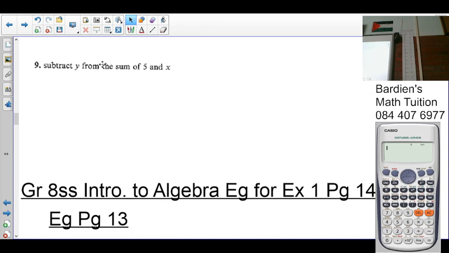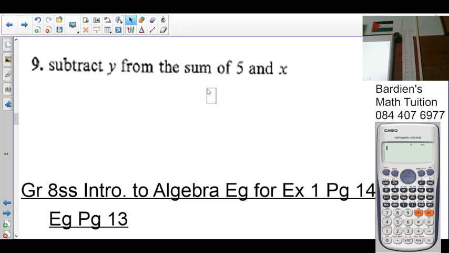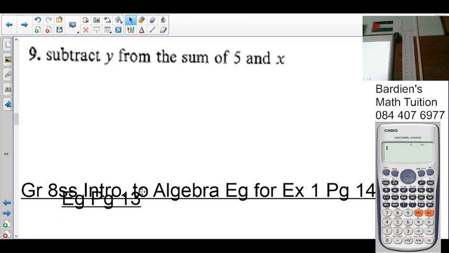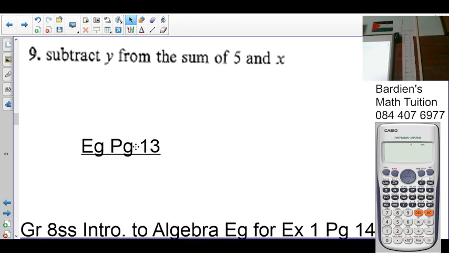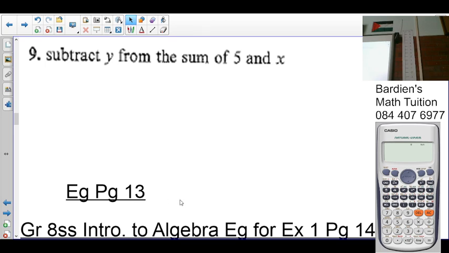Number 9 says subtract y from the sum of 5 and x. Yes, Michael? So you first do the sum, because whatever follows from you, write first.